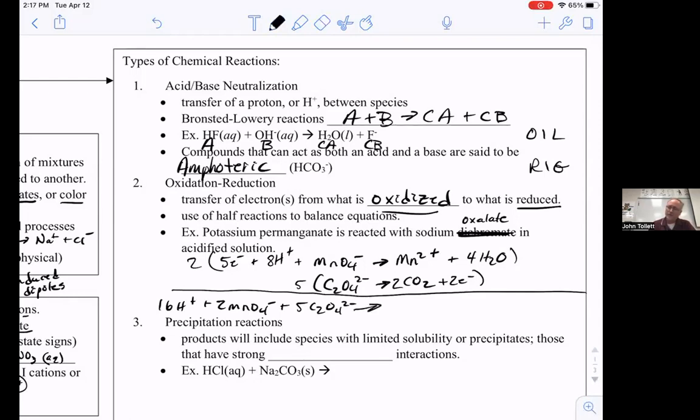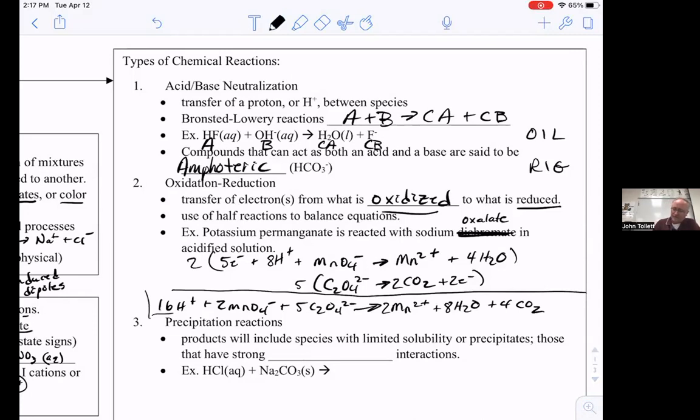Yields 2 of the Mn2 plus, plus 8 of the H2O, plus 10 CO2. Yeah, there we go. That's better. And so that would be your final equation.